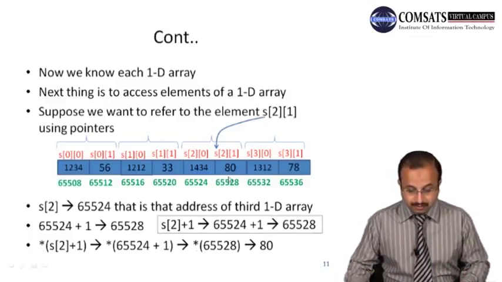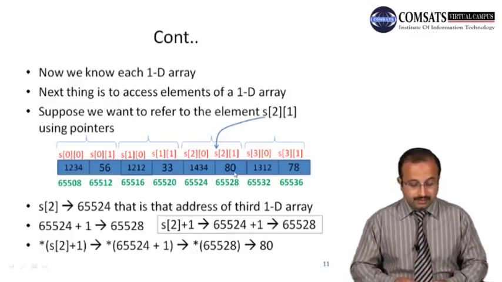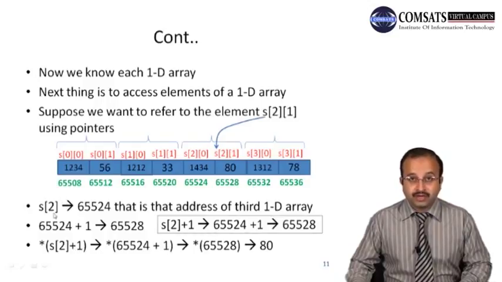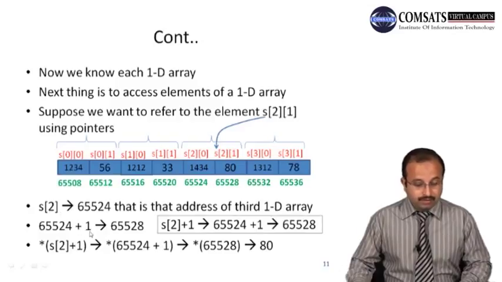You can see here in the figure, इस address पे value जो पड़ी है that is 80, right? So first we access the base address of that array. उसके बाद we access the element number. So if we want to access the first element in that third one-dimensional array, we will add 0 over here or add nothing. ठीक है?